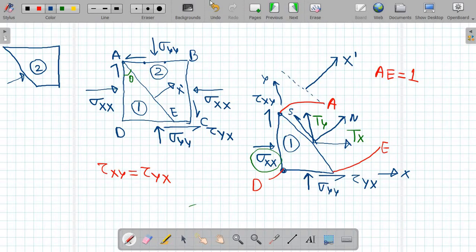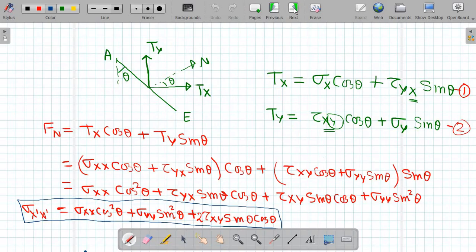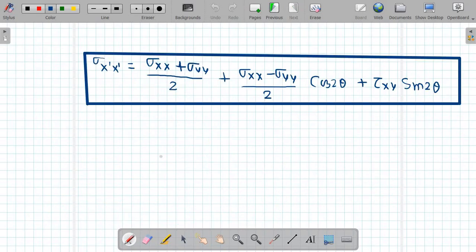So, if this is the block divided into 2, the force because of block number 1 is applied on 2.